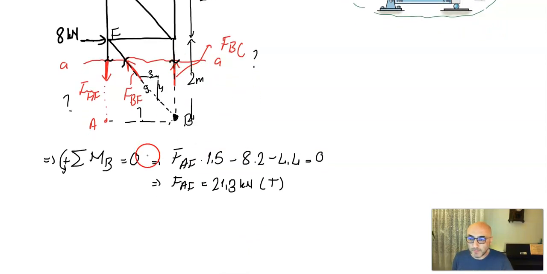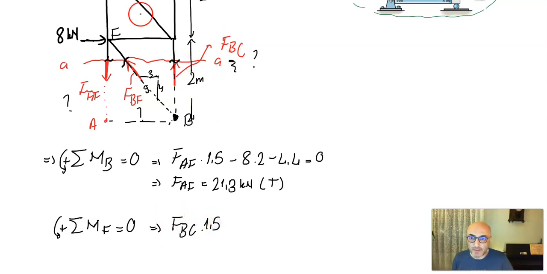If I do the same moment equilibrium around point F, the sum of the moments around point F, counterclockwise positive, is equal to 0. In this equation, FBF and FAF will be eliminated, and I'll be left with FBC only. So FBC times 1.5, that's positive counterclockwise, and minus 4 times 2.